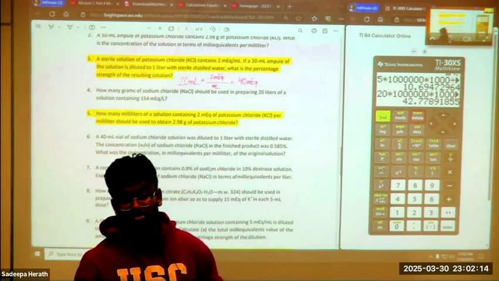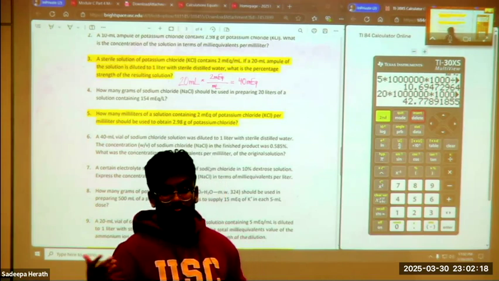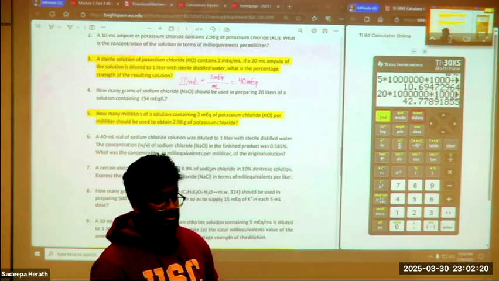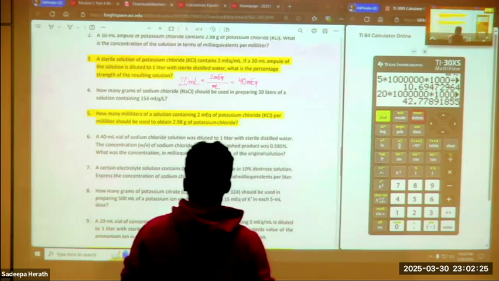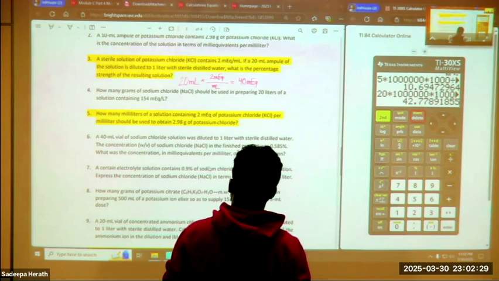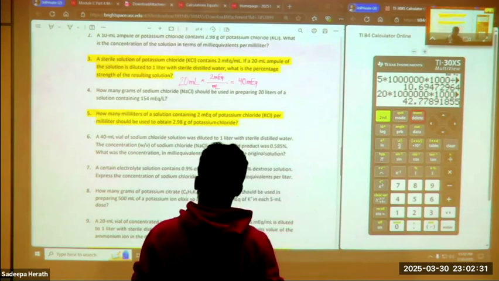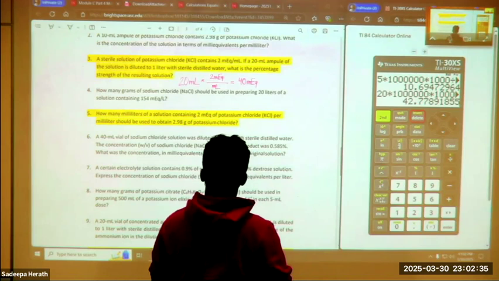So we need to convert MEQ to grams and then have it diluted into 1,000 milliliters, sorry. Okay, so let's go ahead and do that.